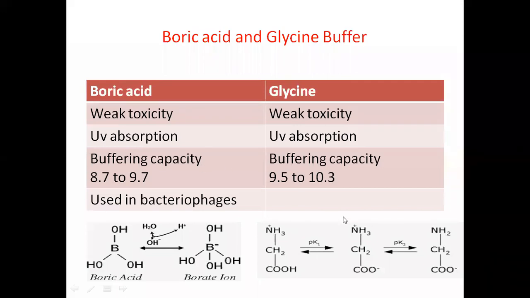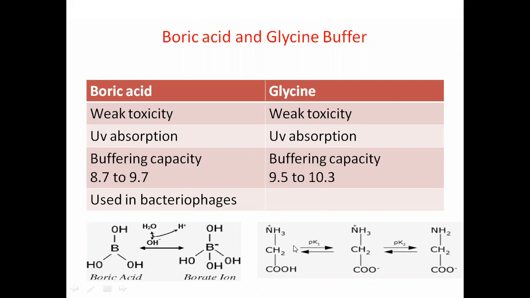Zwitter ion means both the amino group and the carboxylic group are ionized. And here, the amine group is not ionized, whereas the carboxylic acid group is ionized. So this can maintain two different pKa values, and the buffering is also found at two different pKa values.